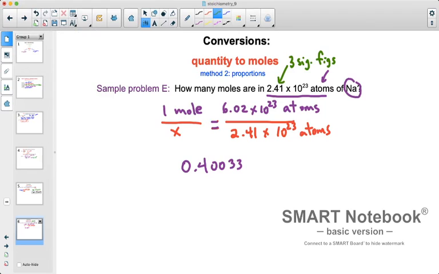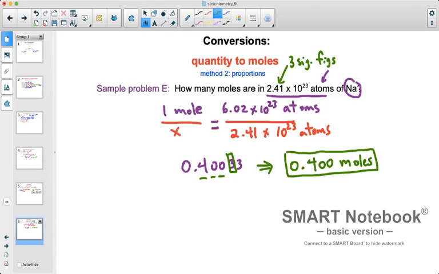The first significant figure is the number 4. The 0 doesn't count. This 0 counts, and then that becomes my helper number. I end up with, as my answer, 0.400, and then the unit of moles. So when I have that many atoms of sodium, it's only equal to 0.400 moles.